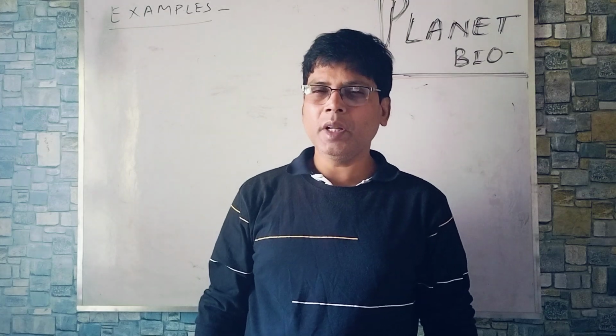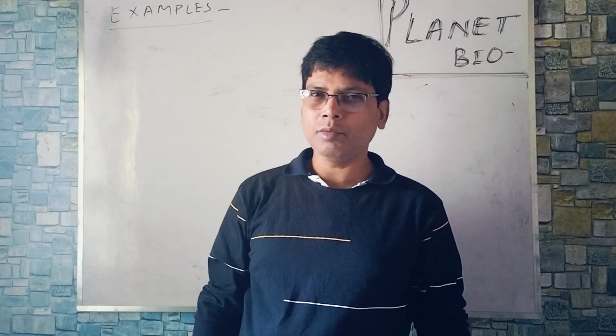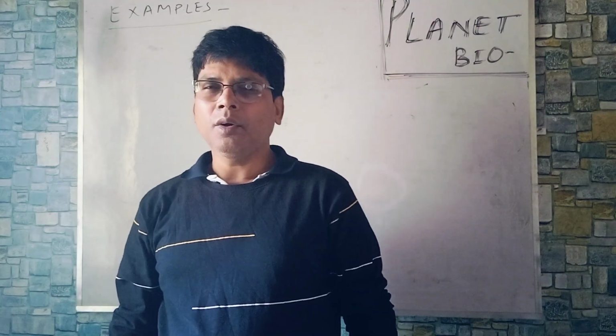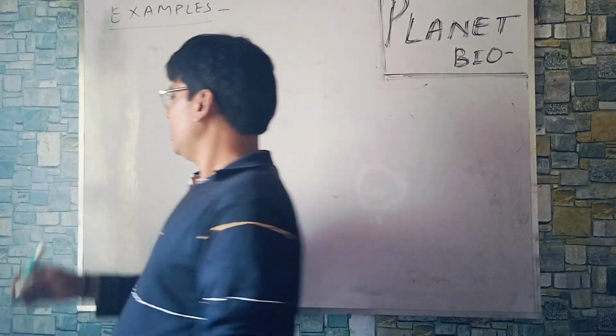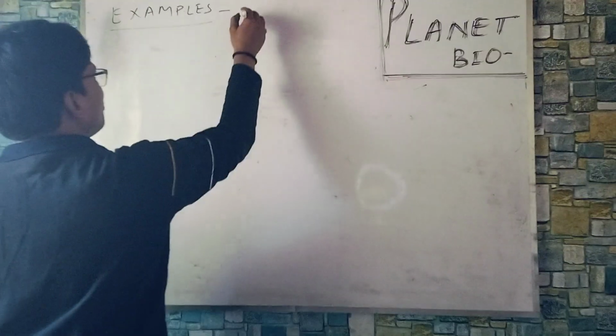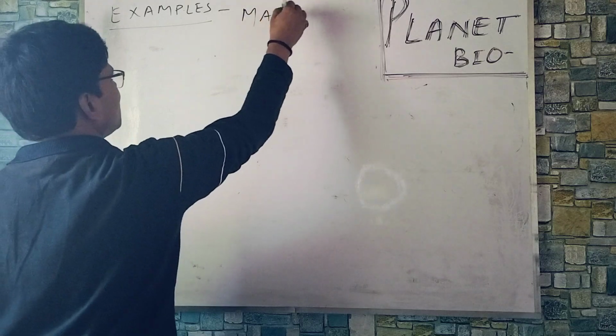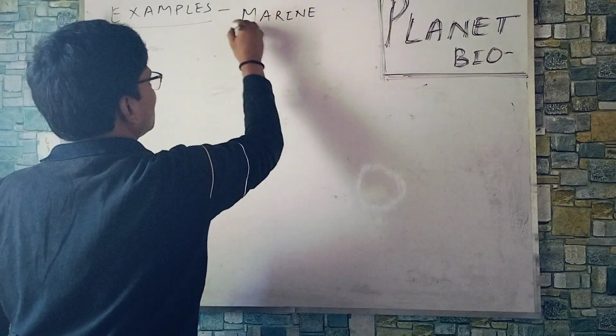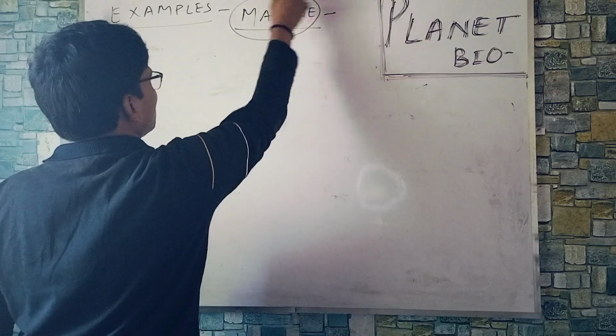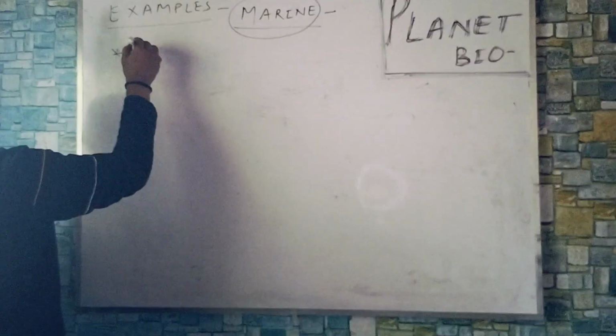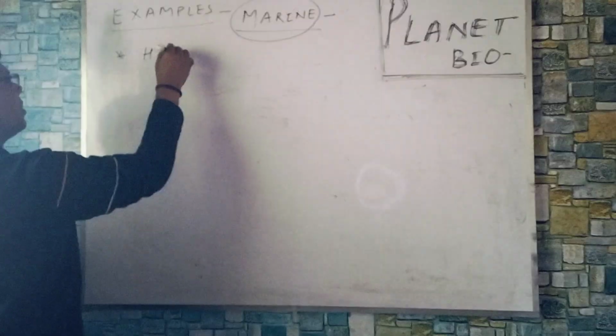They are usually aquatic, but they can be found in seawater, freshwater or brackish water. So first we write marine forms. In seawater, in salted water, the first example is going to be Hippocampus.